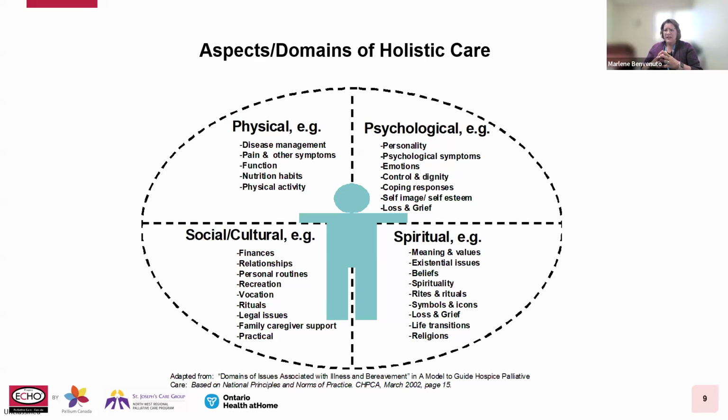So someone that has a disease, pain and symptoms, or their physical activity is diminished, or their functionability is diminished as well. How would you think that would impact someone psychologically? How have you seen, or how do you think it might impact them that way? Addressing their emotions. How would that affect their emotions?